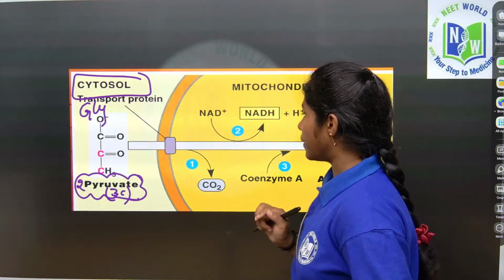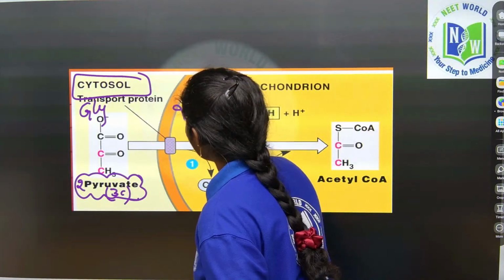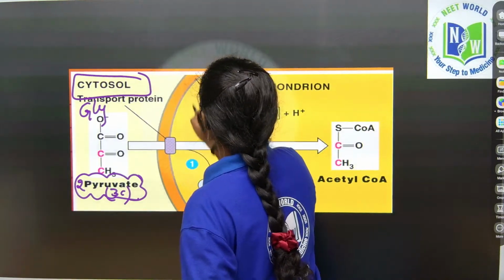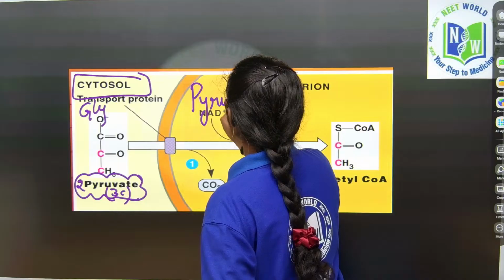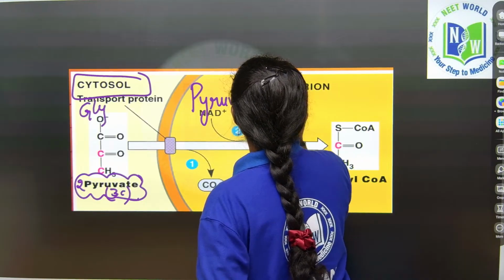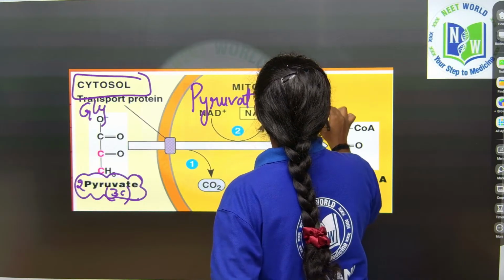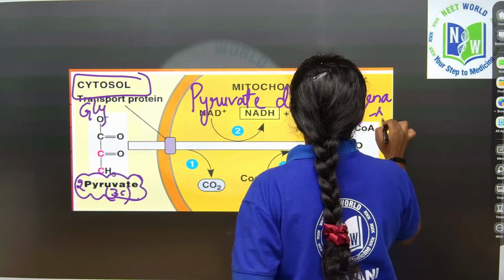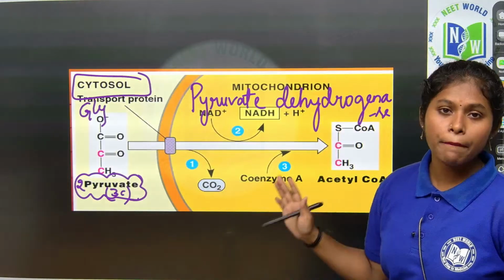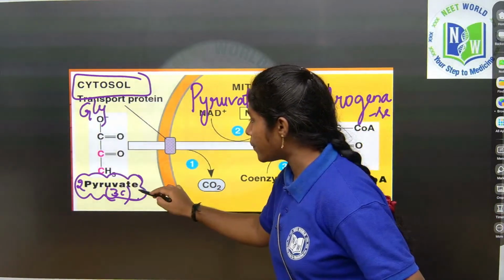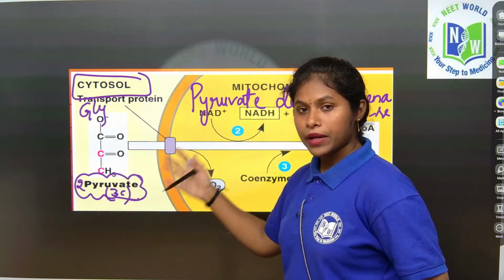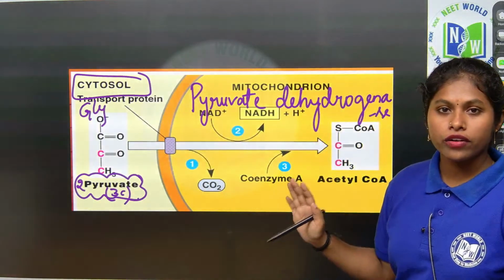Two pyruvates are formed. It is entering only the mitochondrial matrix because of the enzyme called pyruvate dehydrogenase, which is present in the mitochondrial matrix. That is why the end product of glycolysis, the pyruvate, is entering into the mitochondrial matrix.